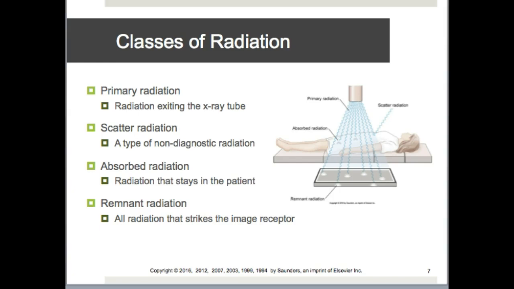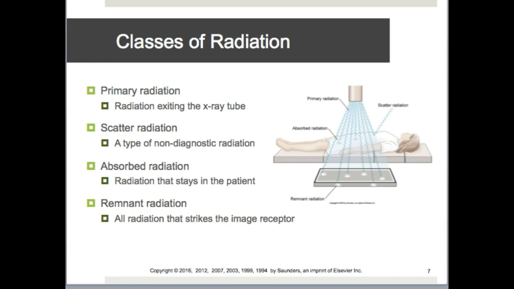So the classes of radiation, we have the primary radiation, secondary radiation, absorbed radiation, and remnant radiation. Primary is where it's leaving the tube, so where the X-ray photons are coming out of the tube from the target to the patient. Scatter radiation is a type of non-diagnostic radiation, so it interacts in the body and comes out in a different direction, so it has no useful diagnostic quality to it.